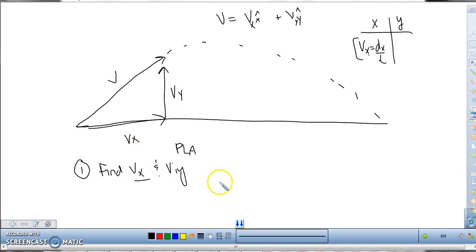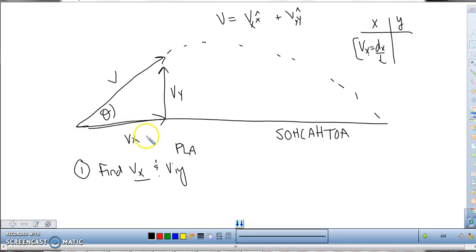When we solve vectors, notice that we're making triangles here. So usually we'll have an angle right here. We can actually solve this using SOHCAHTOA. I recommend that you stick to the same thing.